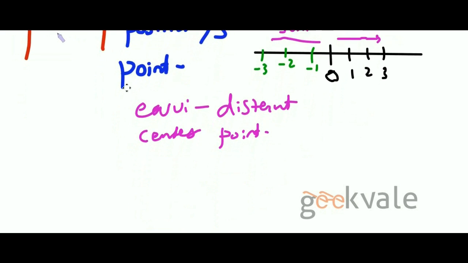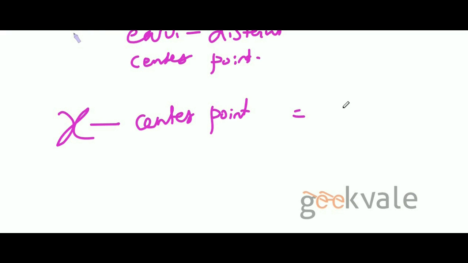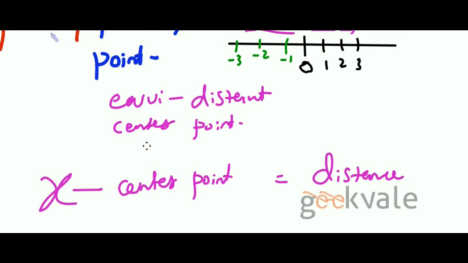So we can write down the absolute in this way: x, the unknown position or positions, take away the center point, and how much distance are we looking for, equals the distance. That's how you can easily write down any absolute equation and any absolute inequality as well. We're going to work on that later in a separate lecture.